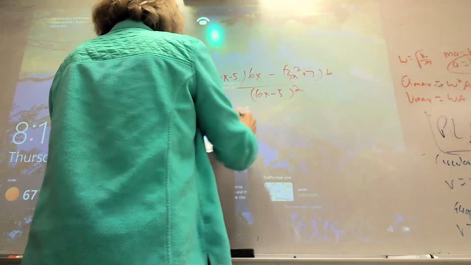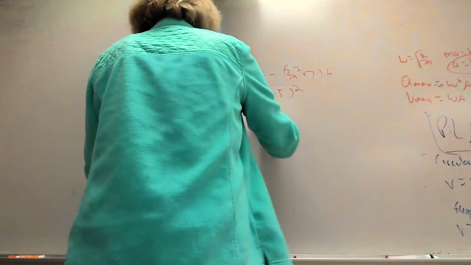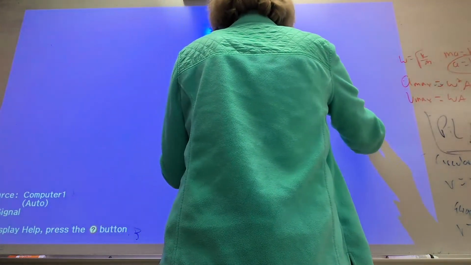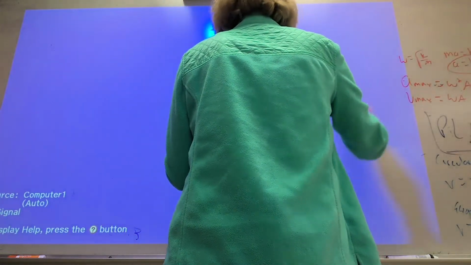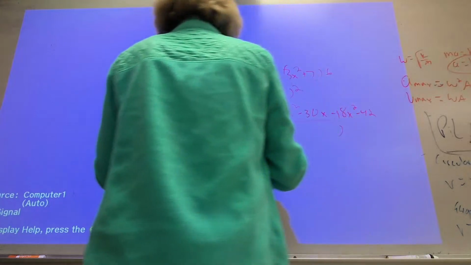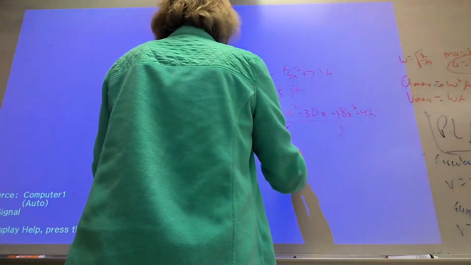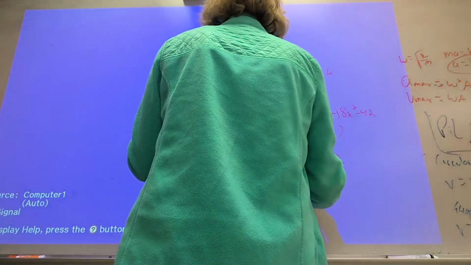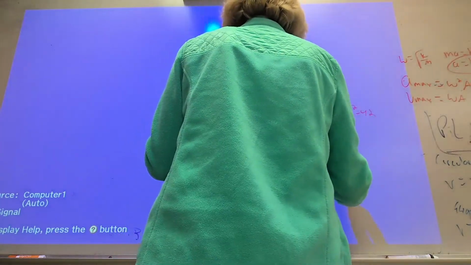You simplify this, right, you get 36x squared minus 30x minus 18x squared minus 42, all over the same thing, which simplifies to 18x squared minus 30x minus 42 over 6x minus 5 quantity squared. Okay?